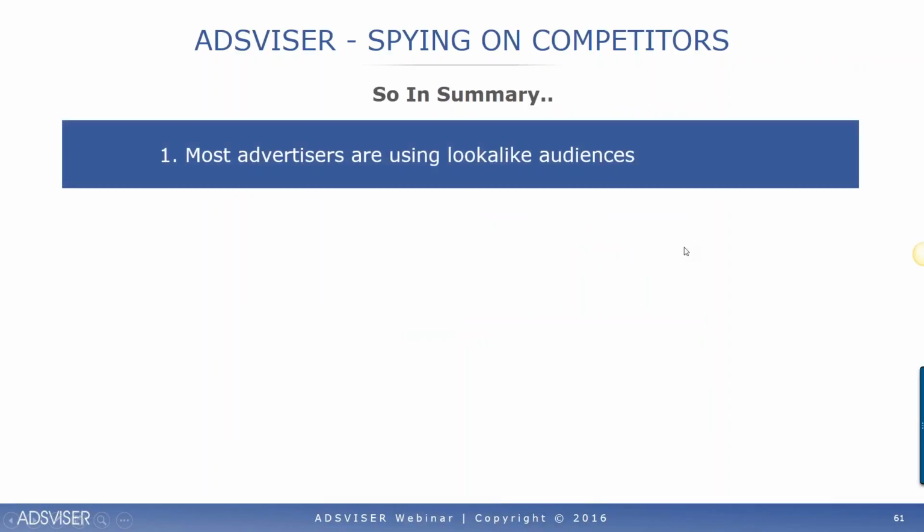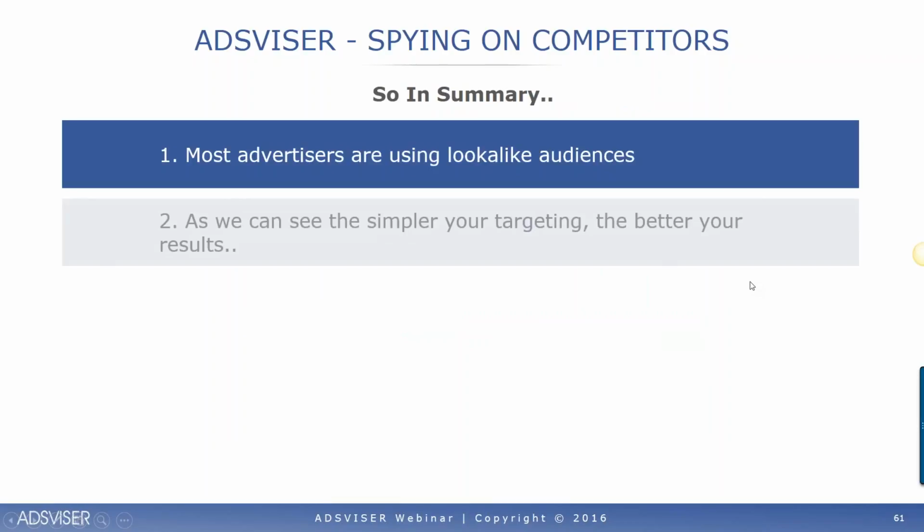So, in summary, we've found that a lot of advertisers are using lookalike audiences, and that's something that you can choose to use as well. But we've seen that the simpler your targeting, the better your results, okay? In a lot of instances, the "why am I seeing this ad" feature shows you only one or two interests, like shopping and fashion, Alabama Crimson Tide.